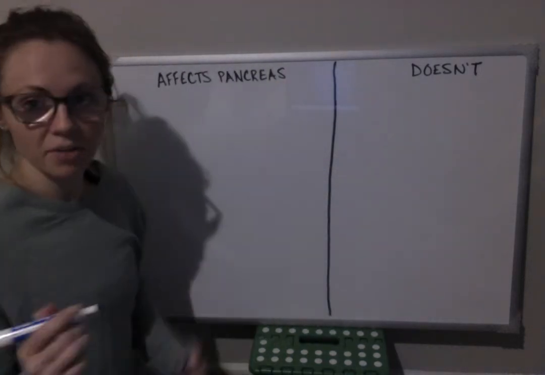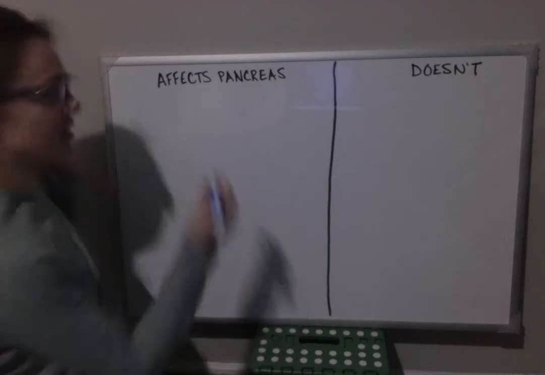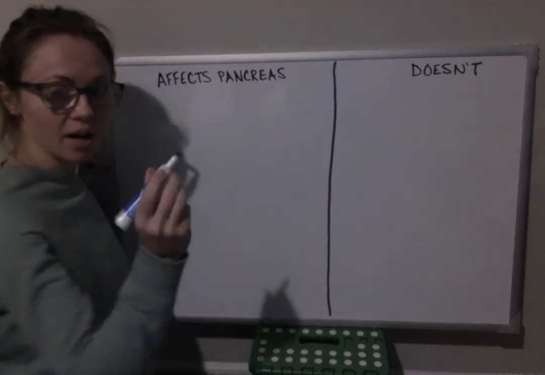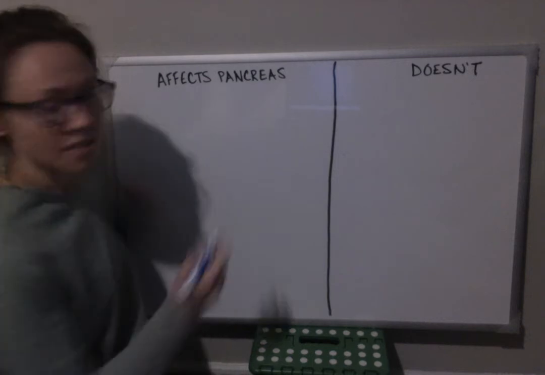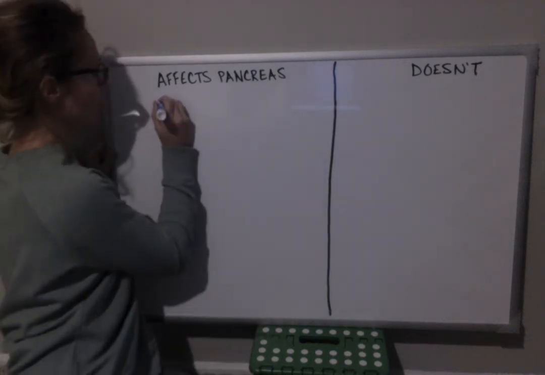And the 3 drug classes that affect the pancreas are sulfonylureas, which you can abbreviate as SU. I'm going to write it out though.